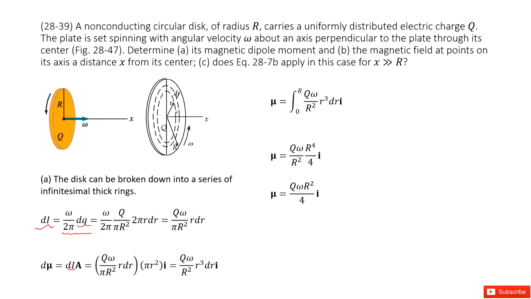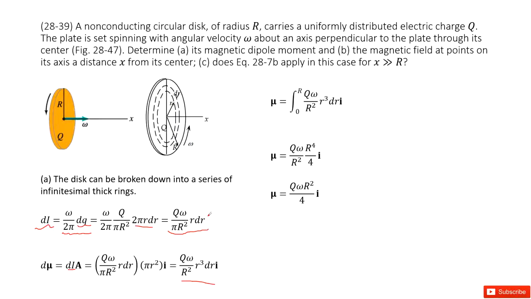So we can use the charge density times the cross-sectional area of this ring, right? The charge density is q divided by pi R squared, and the area is 2 pi r times dr. So you reorganize it, put di inside, reorganize it again, and you get the expression for d mu, that is, the magnetic dipole moment for a small ring, right?